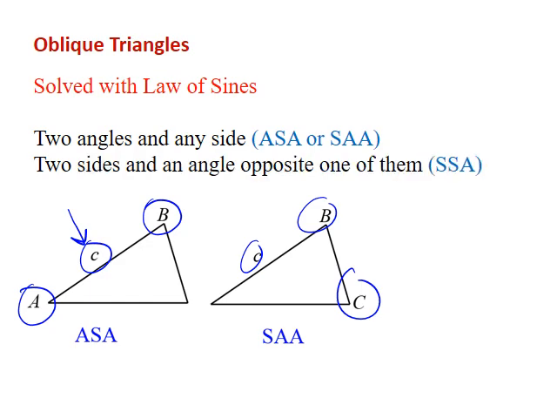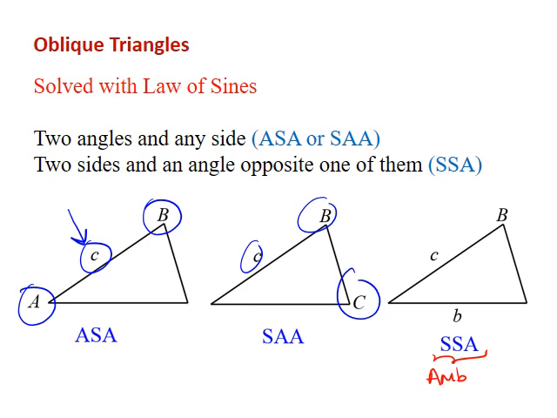Otherwise, if I have two sides and an angle opposite of one of them, then some people refer to this as the SSA case, because this is where the ambiguous case lies. The ambiguous case basically says that we can either have 0 triangles, 1 triangle, or 2 triangles given the information that we are provided.